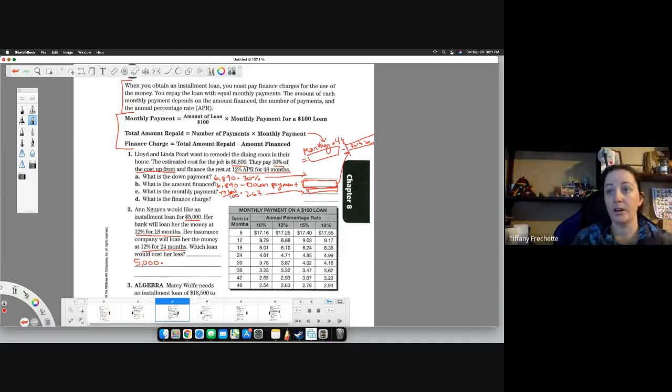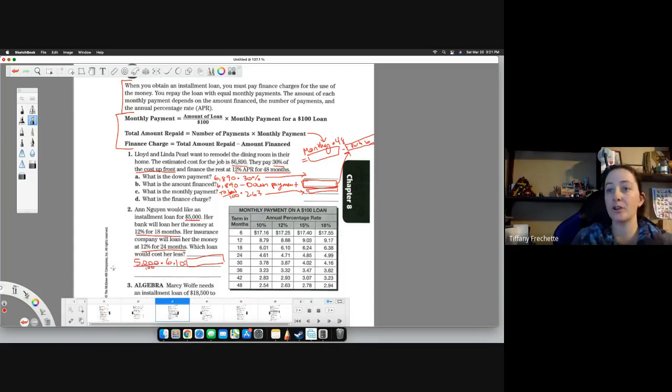So for her bank, it's 12% and 18 months. So here's where they crisscross, 6.10. So that'll tell you how much her monthly payment is, oh, sorry, we need to divide by 100. I forgot to write that in there.